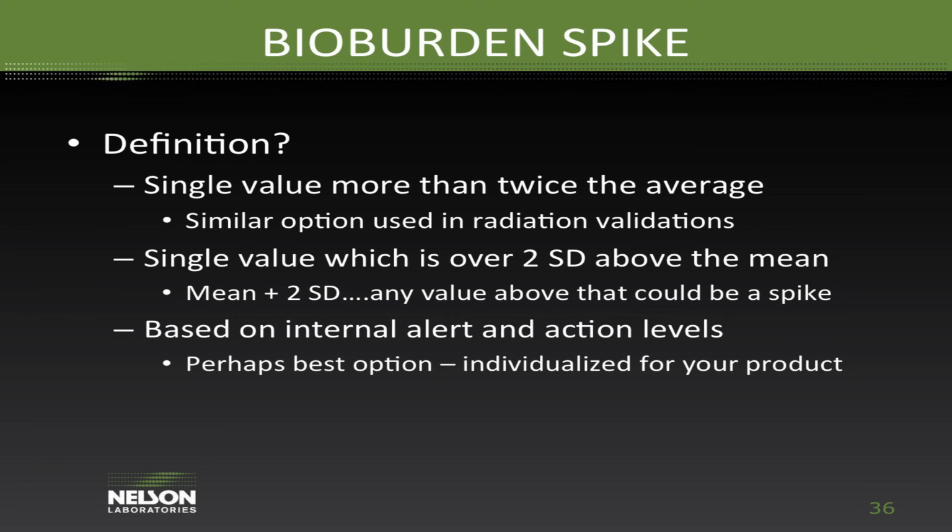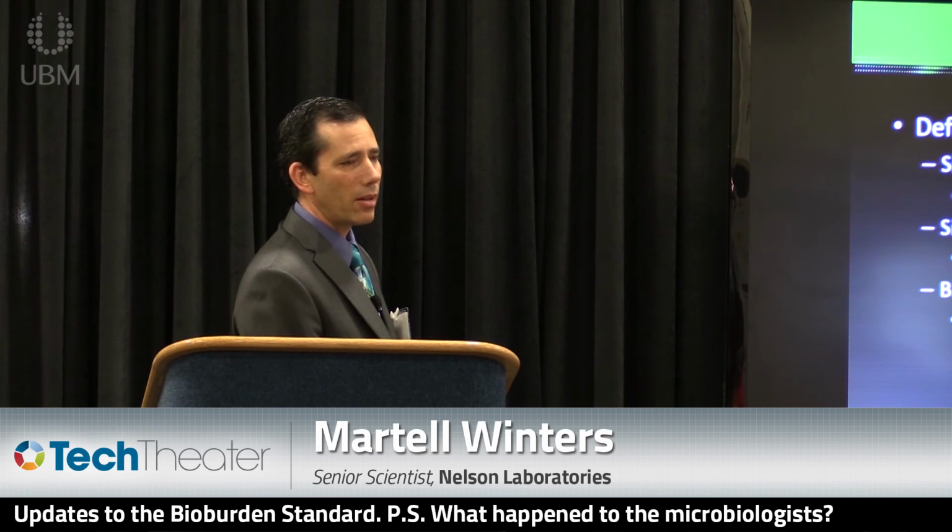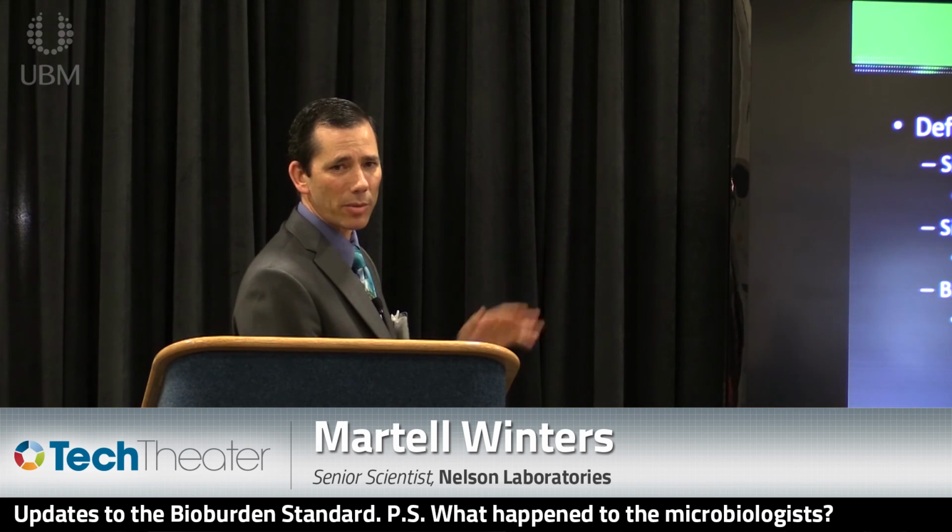So you might kick that around as an option, or base it on your internal alert and action levels. And that might be the best situation, because that's a very individualized situation for your product, where you decide for yourselves what a bioburden spike is.